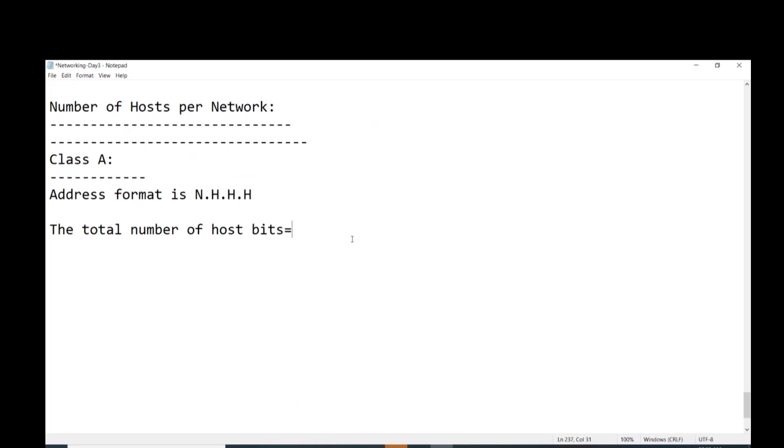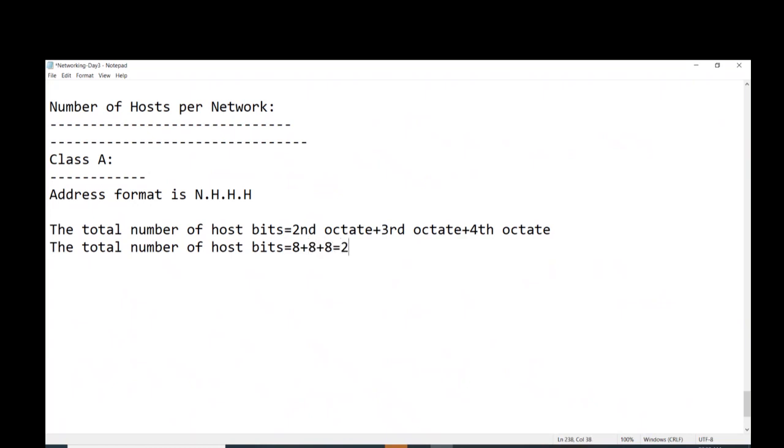So the total number of host bits equals the second octet plus the third octet plus the fourth octet, because that is the host ID. Yes or no? So the number of host bits equals 8 plus 8 plus 8, equal to 24.